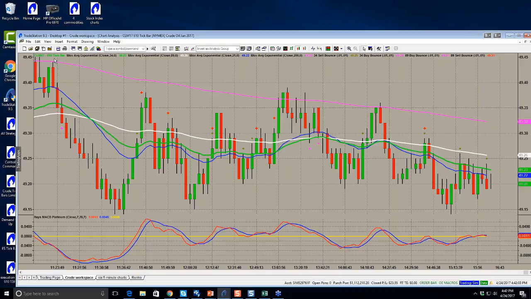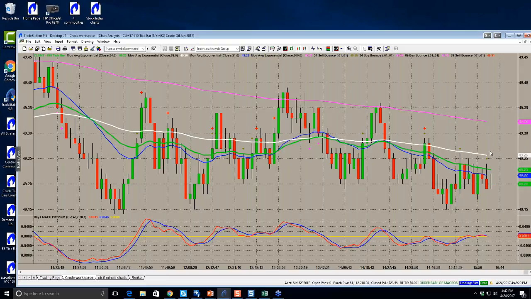So if you can, write this down. The value of the 610 and the 34 exponential moving average is the same price as the 89 in the 233 tick chart. Take a look at the 610 tick chart.